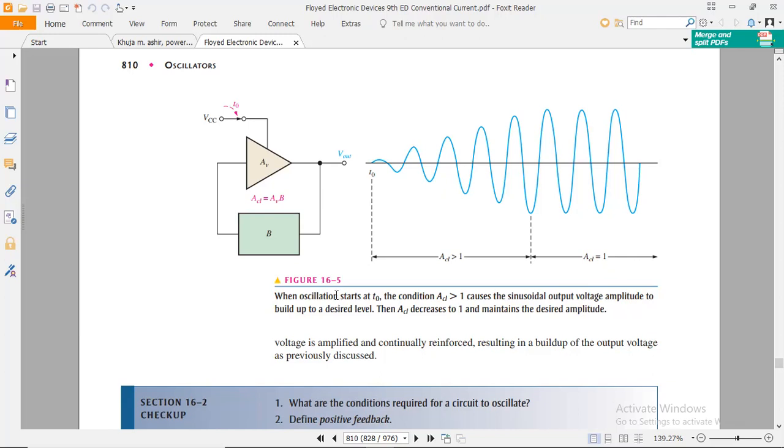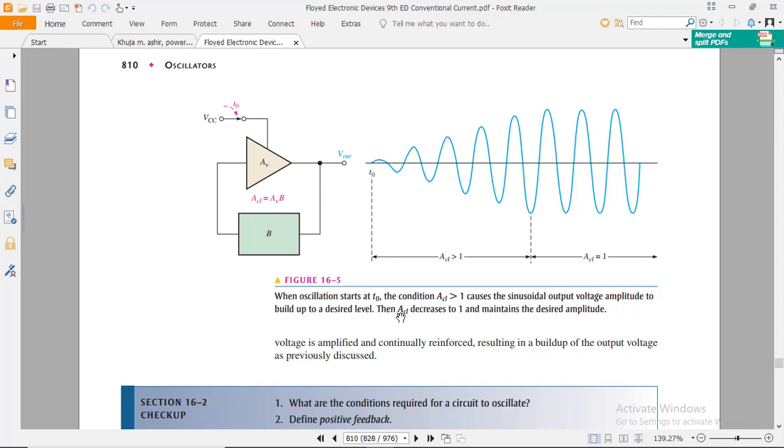When oscillation starts at T naught, this is the instant of the oscillation starting point, that is ACL, meaning the closed loop voltage gain greater than 1 causes the sinusoidal output voltage amplitude to build up to a desired level.